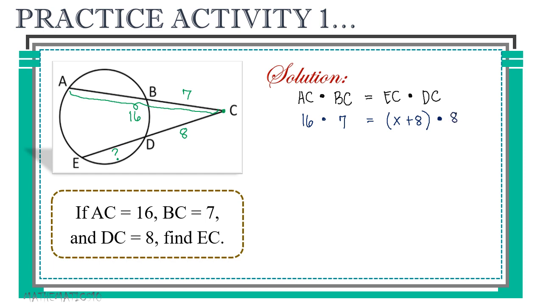Now let us multiply 16 times 7. We would have 112 equals x plus 8 multiplied with 8. We can use again the distributive property, so 8 times 8 and 8 times x.